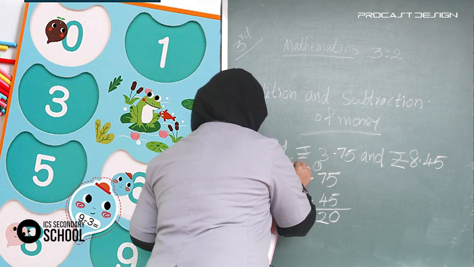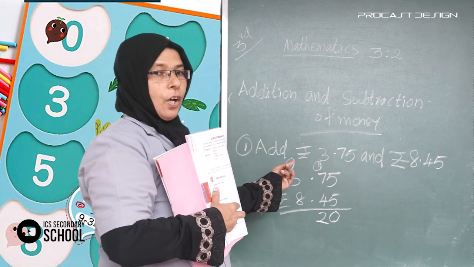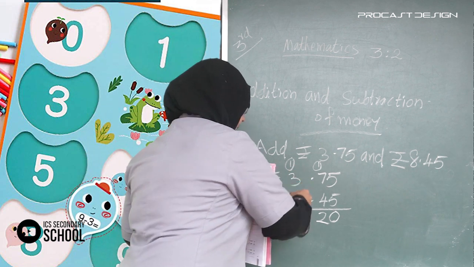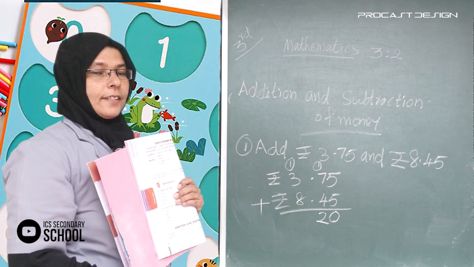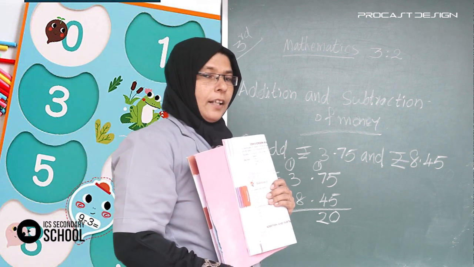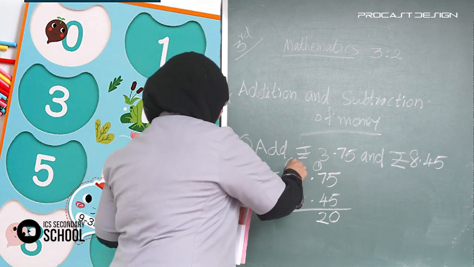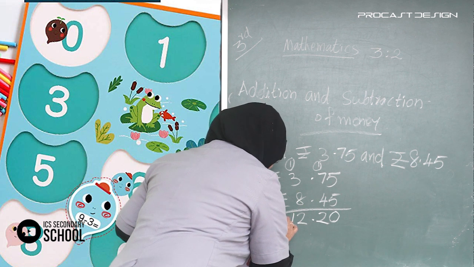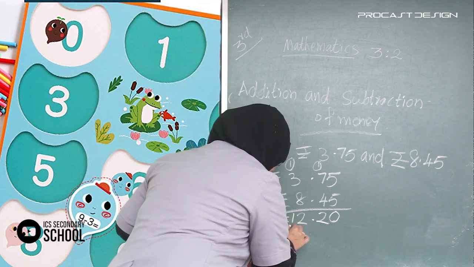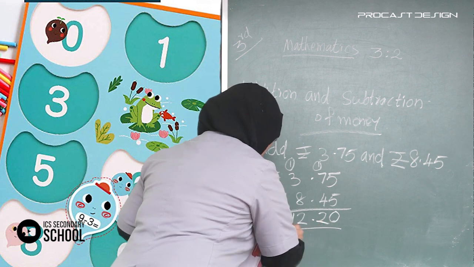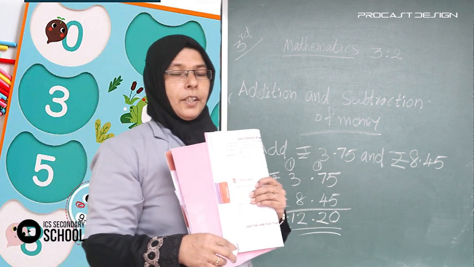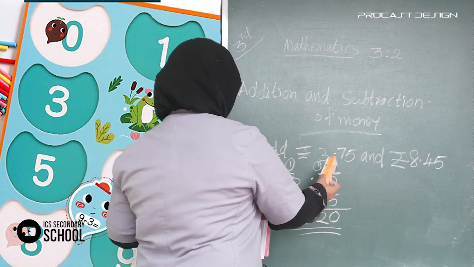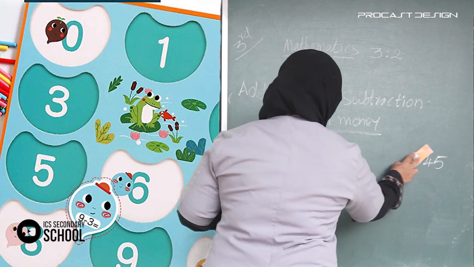Carry 1 to the rupees column. 8 plus 3 equals 11, plus 1 equals 12. So the answer is Rs 12.20. All of you write it in your notebook.